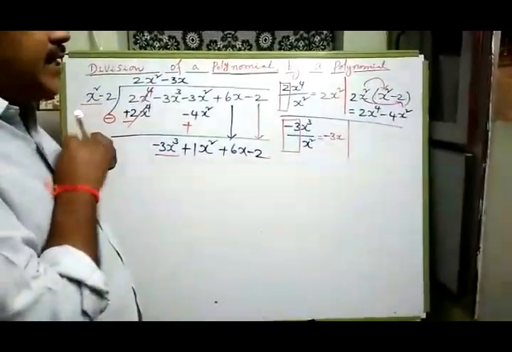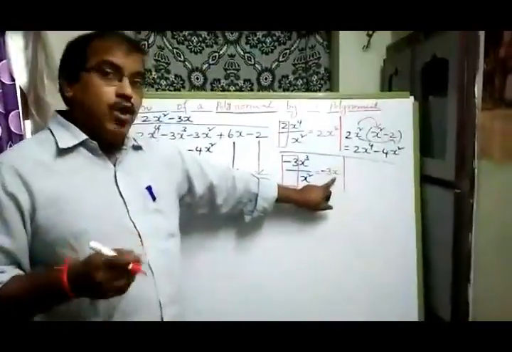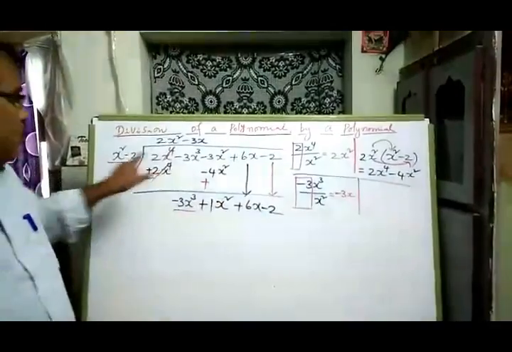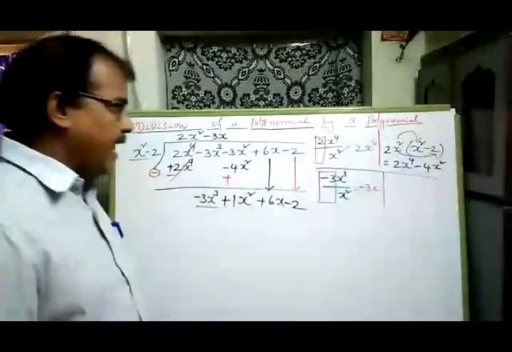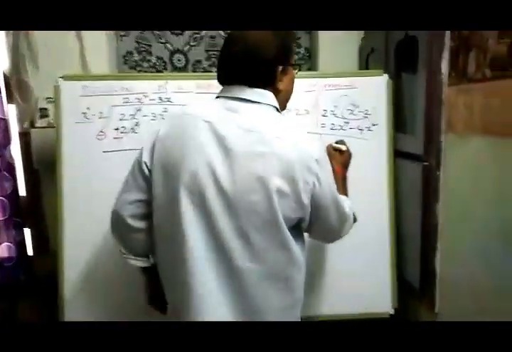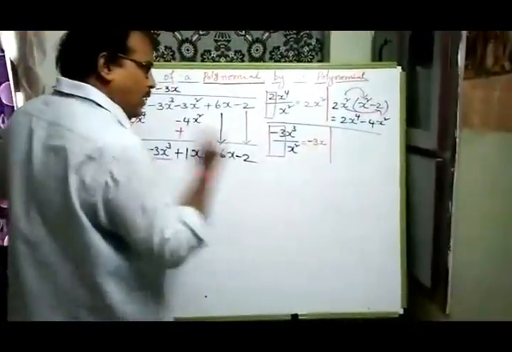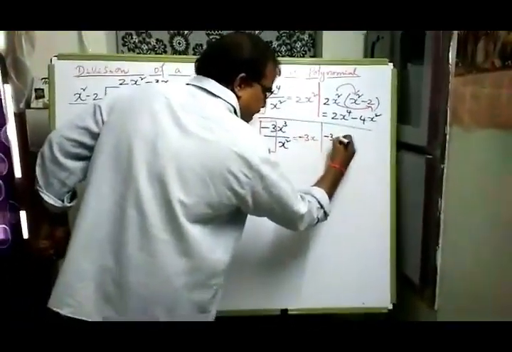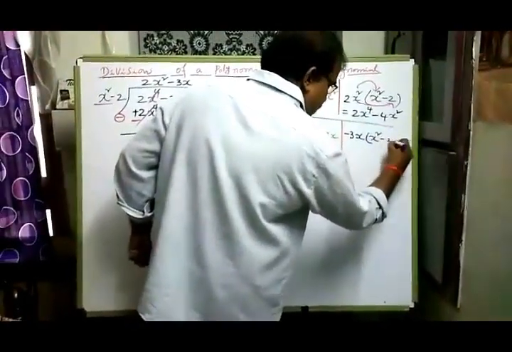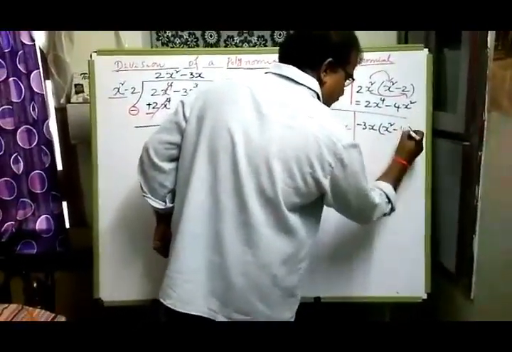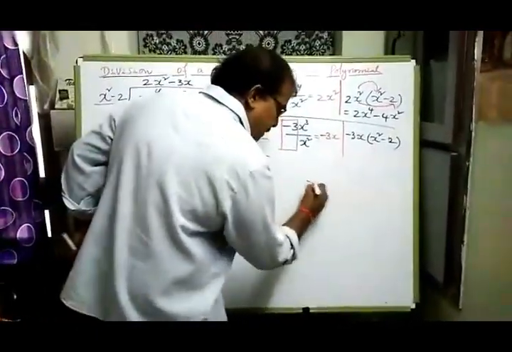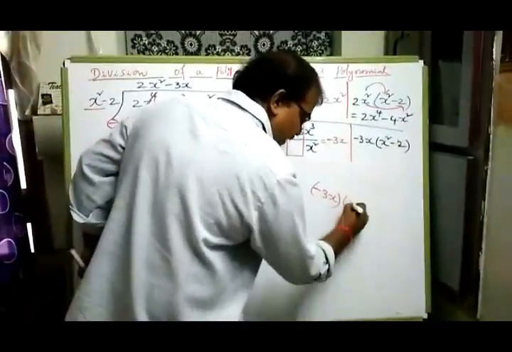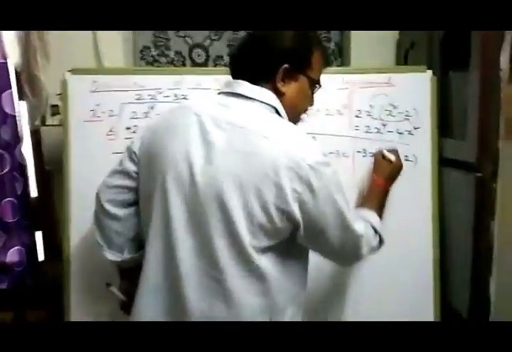Now this partial quotient into divisor. The divisor is x square minus 2. So minus 3x into x square minus 2. First this multiplication: minus 3 into x square.